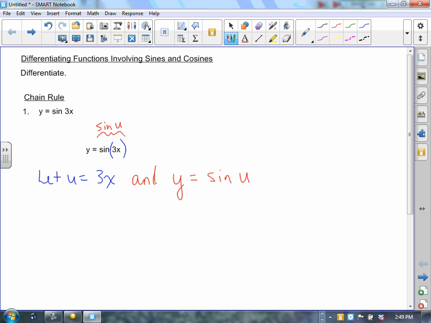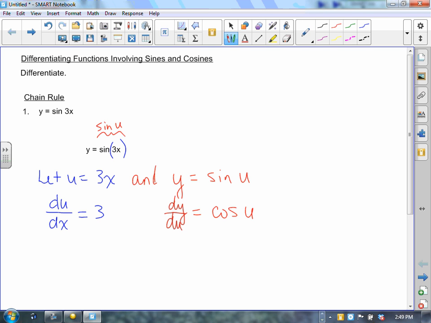Now, with that being said, we can definitely differentiate these expressions. So the first one, we'll find the derivative of y with respect to u, and that's the cosine of u. We will also find the derivative of u with respect to x, and that is equal to 3.